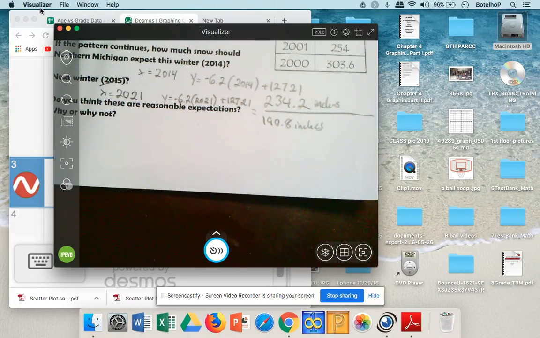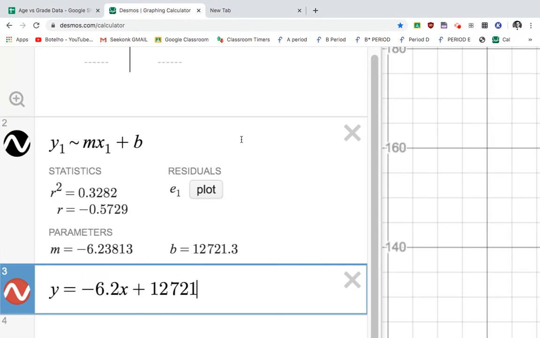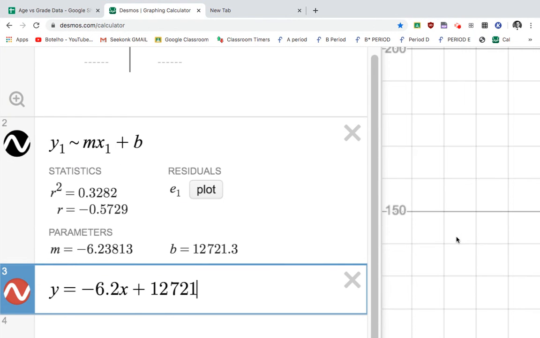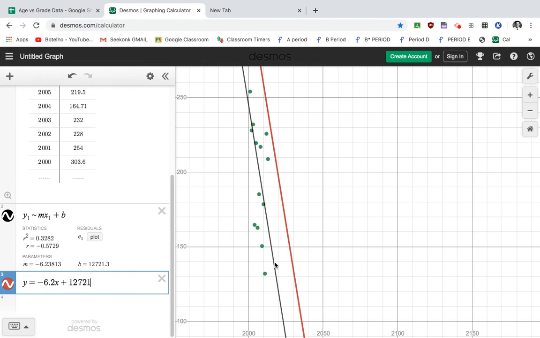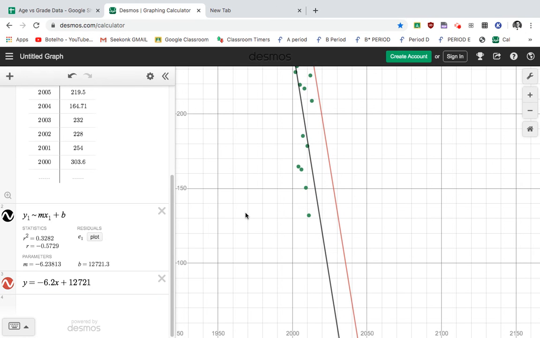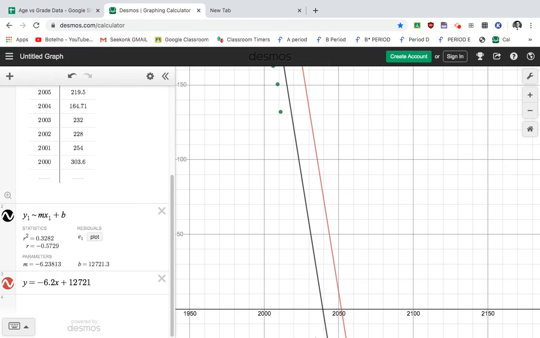If you went to Desmos, and we wanted to zoom out, oops, sorry, I just zoomed out the wrong spot. So that red line was the one we put. See if this is my trend line.